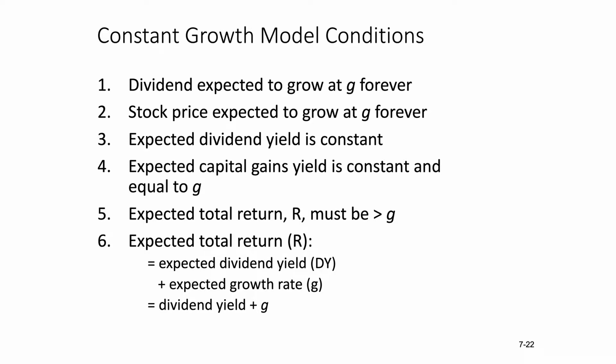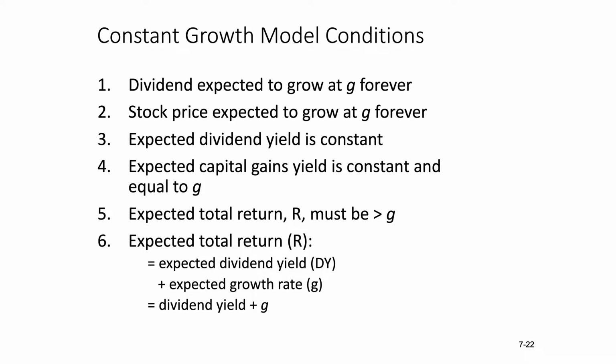The expected total rate of return is R. But in order for this formula to work, the dividend growth rate should be less than the required rate of return. Otherwise, the formula does not work. You have a negative in the denominator.